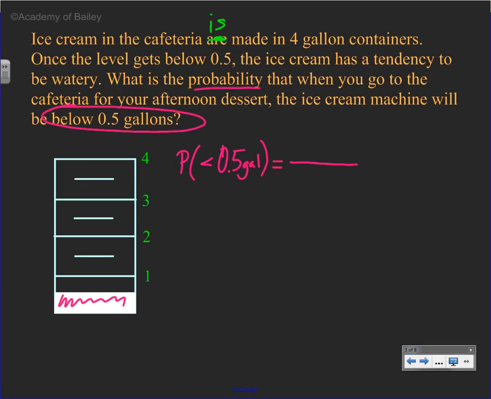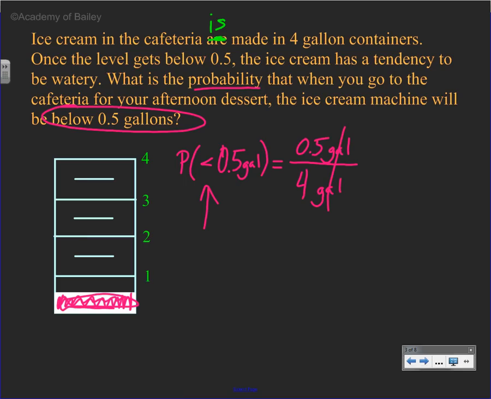If we're talking about less than 0.5 gallons, that would be all of this down here, the 0.5 gallons. And what would be your total? Favorable over total is probability, so the total is 4 gallons.